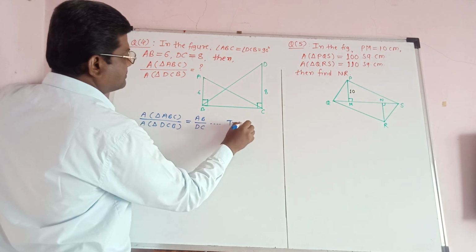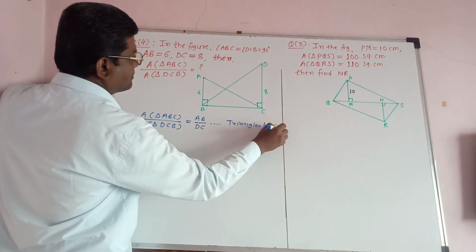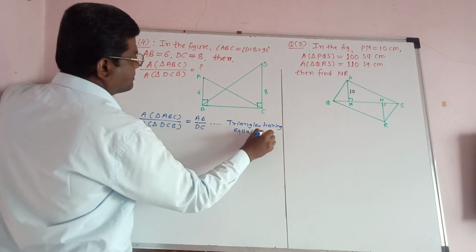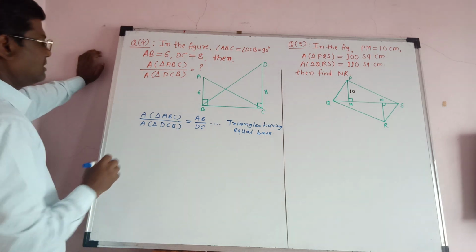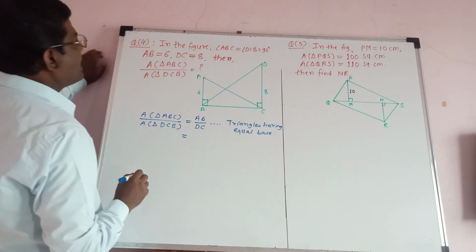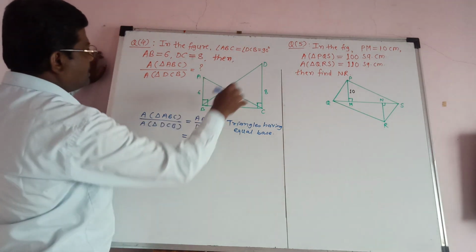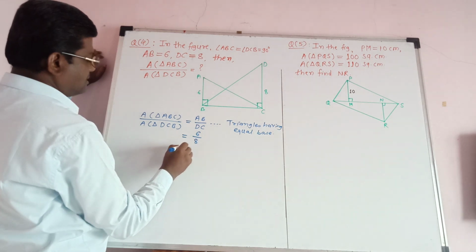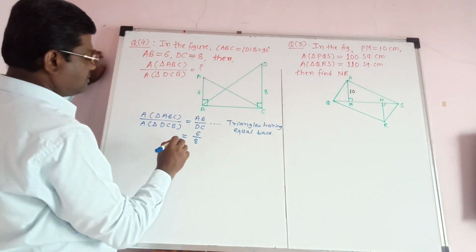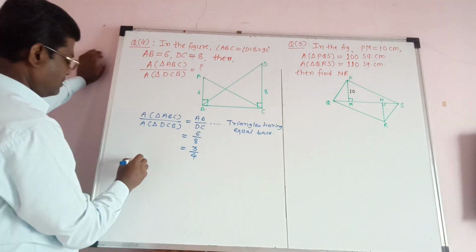triangles having equal base is equal to value of AB is 6 and value of DC is 8, is equal to, divide numerator and denominator by 2, then it will be 3 upon 4.